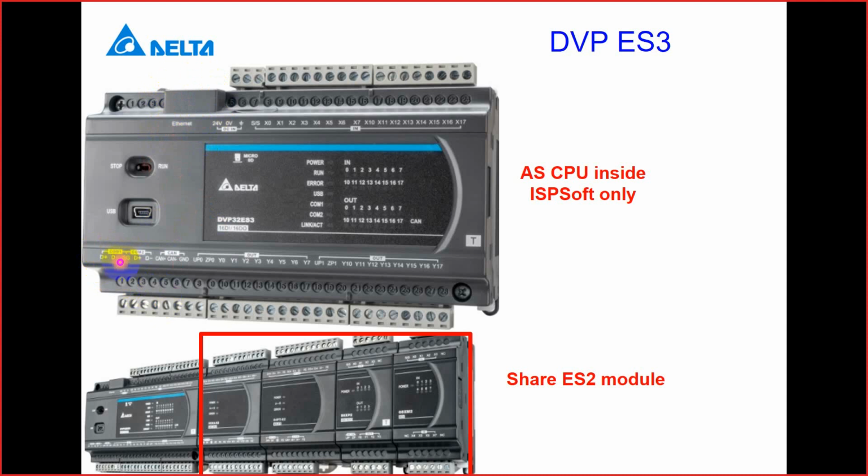And on the bottom, we still have the 2 serial ports. So this is exactly the same spec as the AS200 and AS100. This one was already mentioned for the AS CPU inside the ES3, but we can share the same module with ES2.